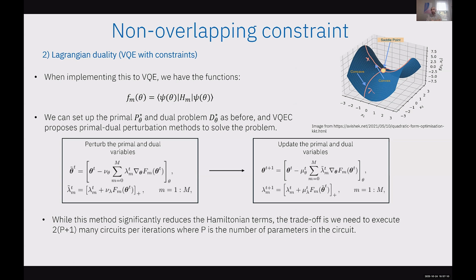And what Lagrangian duality, or in this case, this variational quantum eigensolver V-qubit constraint does is kind of split this into two problems. Instead of finding the minimum, we're trying to find the saddle point. And a saddle point, if you took multivariable calculus classes, in one direction, it behaves like a minimum, right? So it's a minimum here. And in the other direction, it's like a maximum.